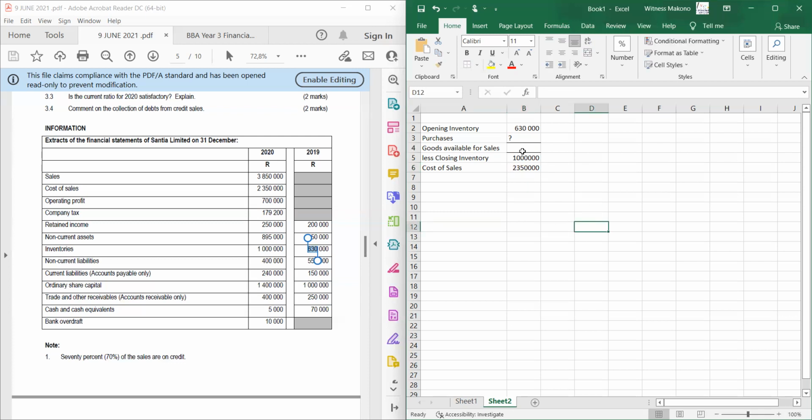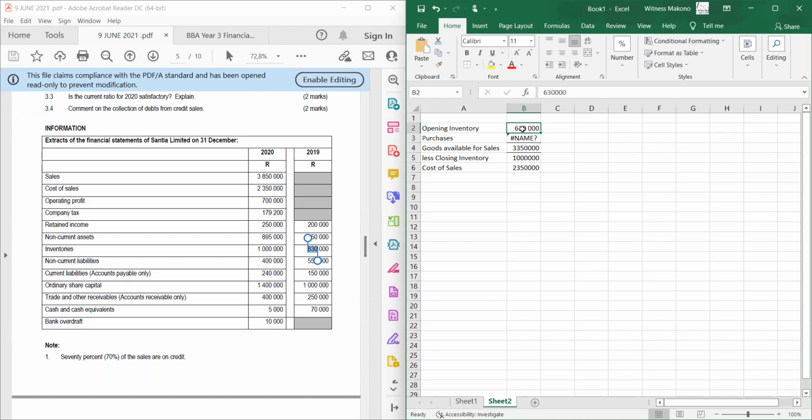So which figure was here? When you subtracted 1 million, you got this, therefore you say this one plus. Therefore, your goods available for sale were 3,350,000. Then already you had 630, so you say this one minus 630.